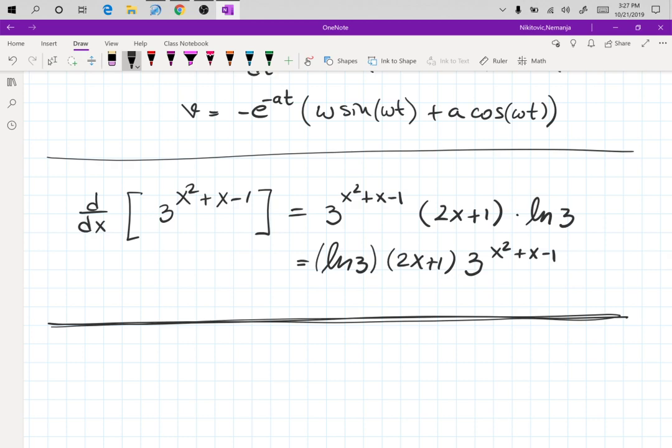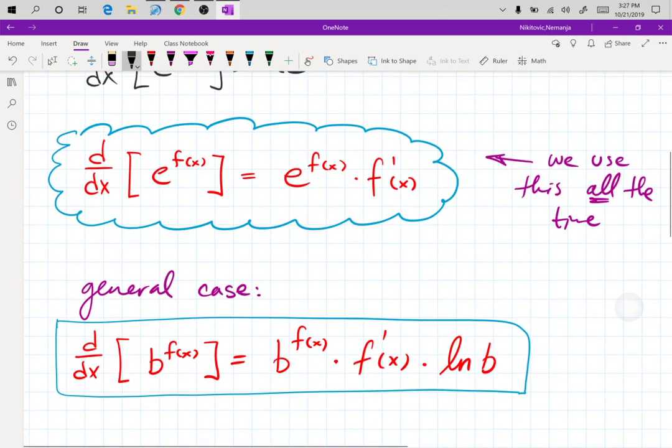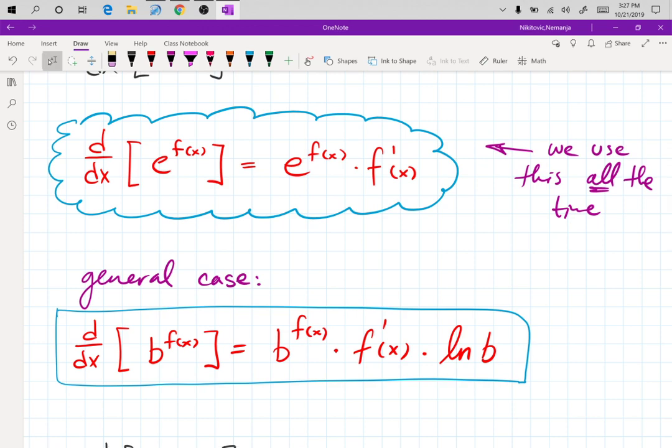And whatever ends up as a function in the exponent, you take the derivative of that one as a chain rule. So that's all about exponential functions. As long as you know the formula in a cloud, you should be 99% okay.